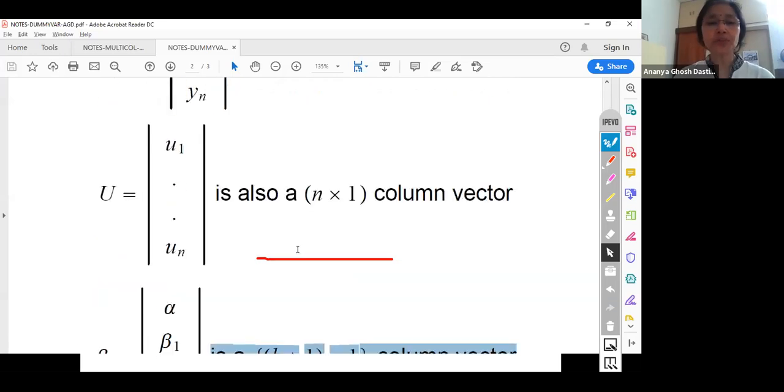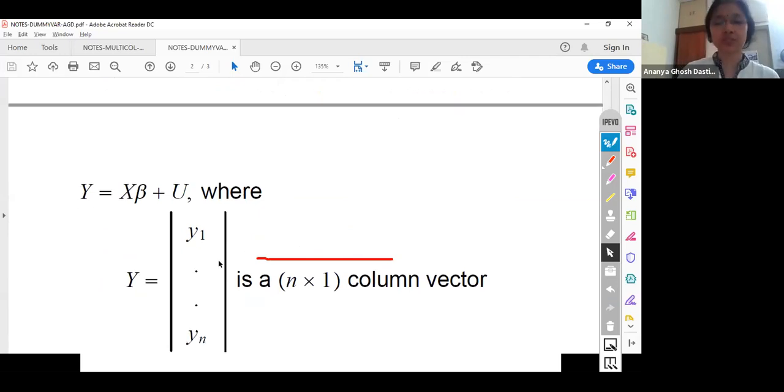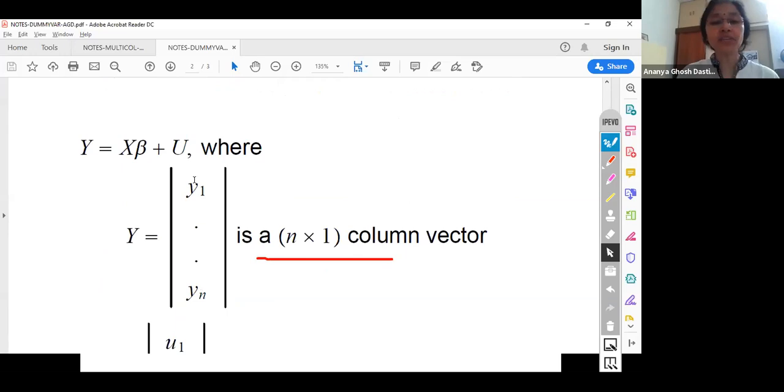So to just take you down, I can write out my model which has k explanatory variables and n observations in terms of matrix notation. Here are my n observations on the dependent variable. So y1 is the first observation, yn is the nth observation on the dependent variable, giving us an n by 1 column vector.